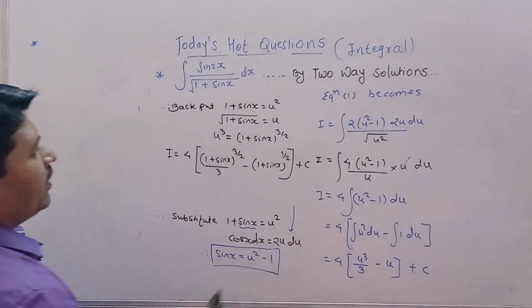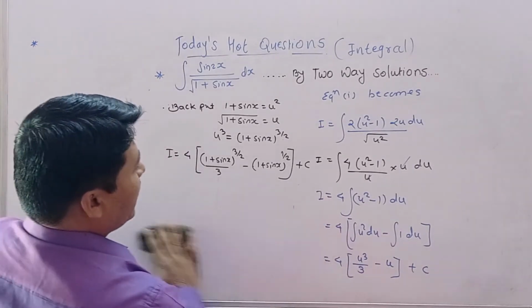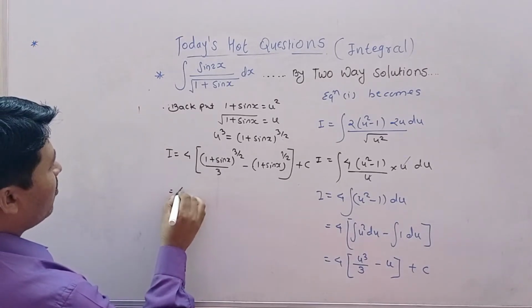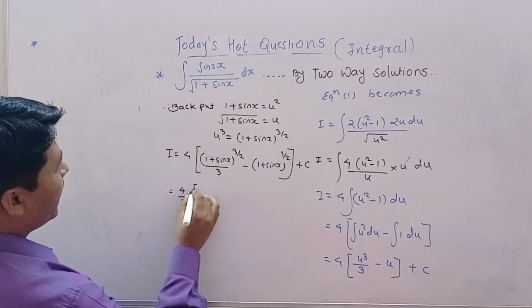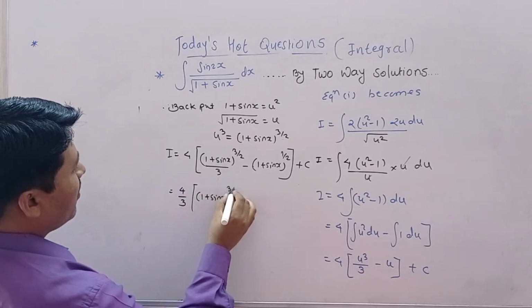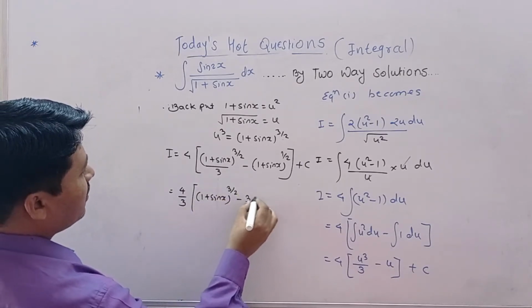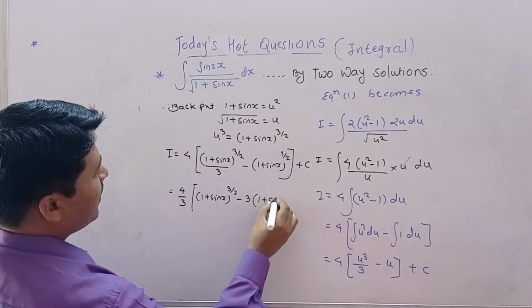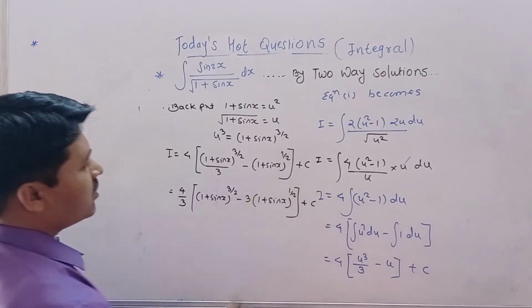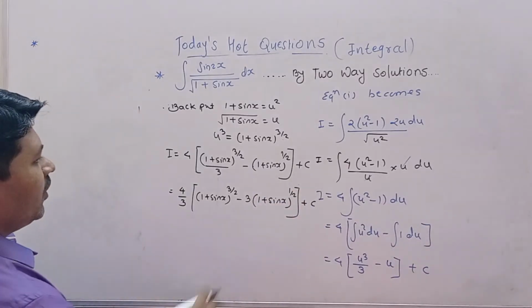Now let's move to the final solution. We can take 4 by 3 as a common term, and this becomes 1 plus sin x raised to 3 by 2 minus 3 times 1 plus sin x raised to 1 by 2, plus c, the constant of integration.